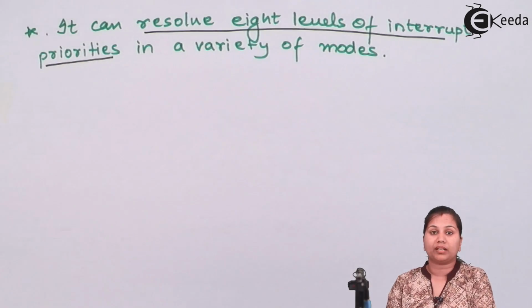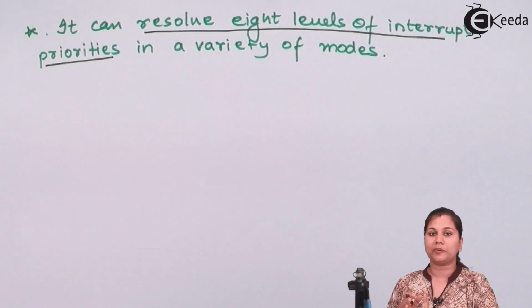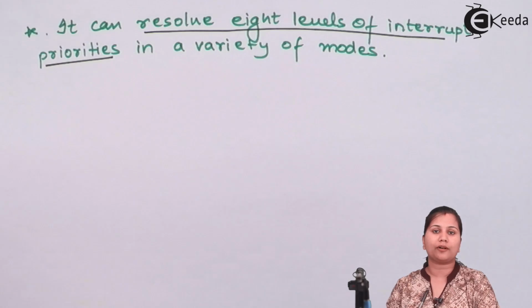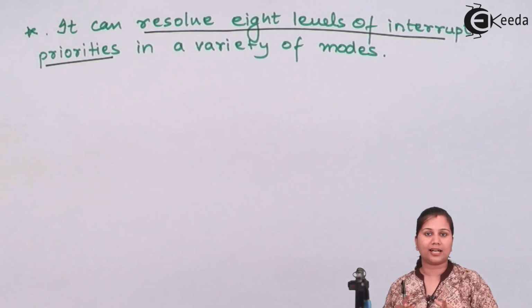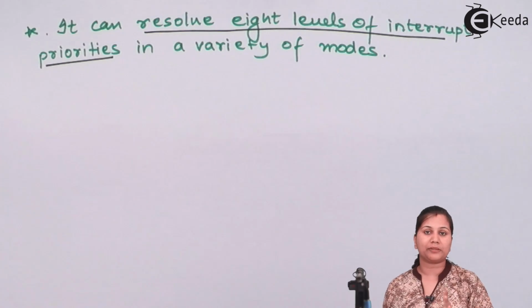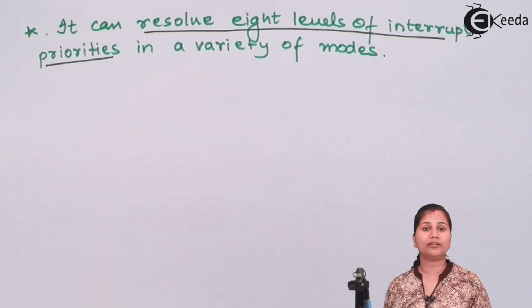Now, these priorities can be changed while the interrupt requests are being accessed by the microprocessor. Means when the microprocessor is executing the service routine of an interrupt, the priority of interrupts can also be changed. The running status of the priorities can be changed. Like if the microprocessor is running an interrupt with the highest priority, and in between the execution of its service routine, the interrupt with the lowest priority can also be accessed.